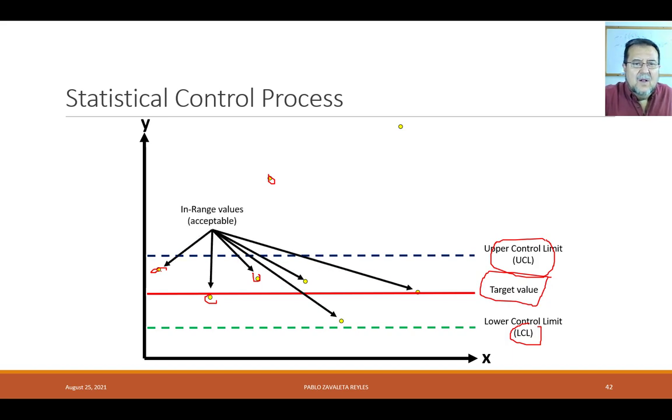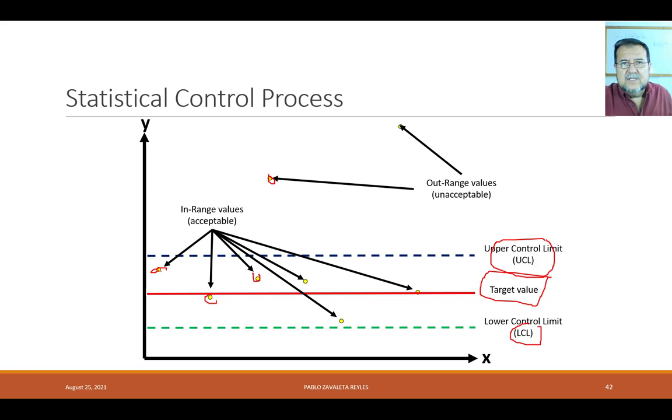Okay, all these that are inside our control limits are acceptable. They are inside our range. The other two, they are out of range. So these are not acceptable. Those two are the ones that we go and investigate what is going on in order to be able to eliminate them and make them all fall inside the control limit.